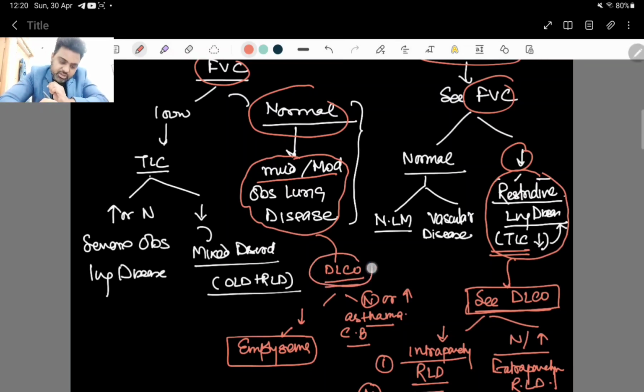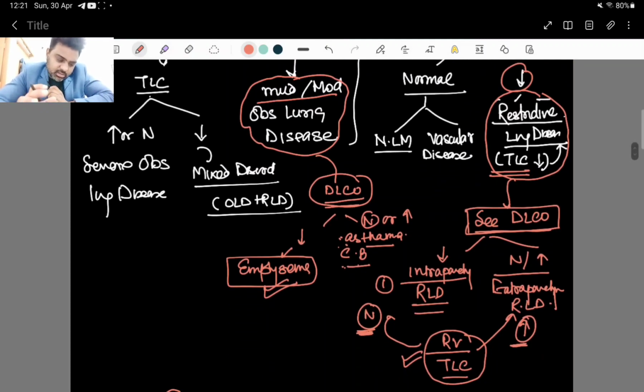So just by measuring the DLCO, we have easily come to the diagnosis whether the patient has emphysema or asthma or chronic bronchitis. And asthma and chronic bronchitis we can differentiate on the basis of symptoms. You know that in asthma the major symptoms are wheezing, cough, chest tightness, dyspnea, and the cough generally is in the morning time, and recurrent attacks are also there. Whereas in chronic bronchitis we have cough mainly with sputum, which is the main symptom, so that we can differentiate. So we can move to a diagnosis.